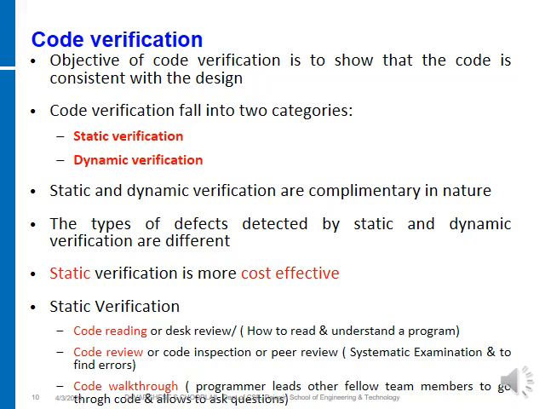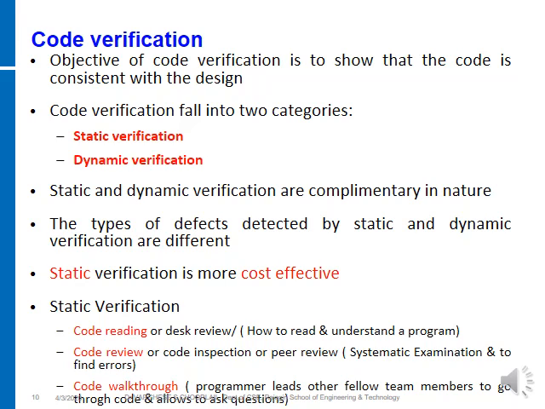Next is code verification. The purpose of code verification is to show that the code is consistent with the design. Code verification mainly falls into two categories: static verification and dynamic verification.